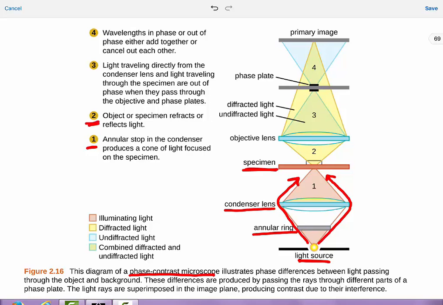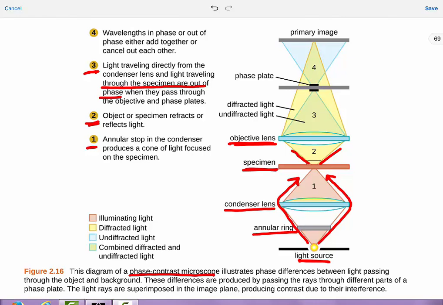Then 2, we have our bent, refracted, or reflected light, and our objective lens collecting that. Then 3, light traveling directly from the condenser lens and light traveling through the specimen are out of phase when they pass through the objective and phase plates.